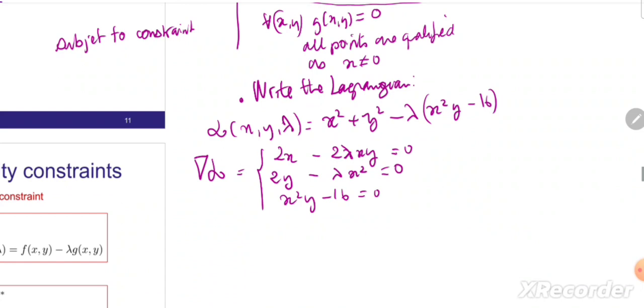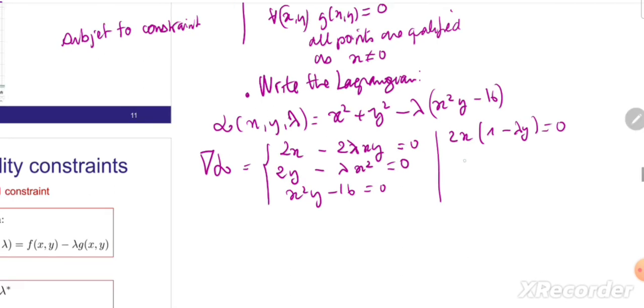Okay, and this is again a system that we need to solve. I can factor the first part, 2x times 1 minus lambda y has to be equal to 0. The second part, I can't factor. So the first way to cancel that is x is equal to 0, but we already know that x equal to 0 does not belong to the constraint.